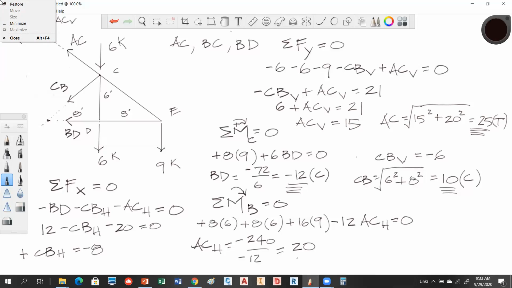Sections, you're going to have to do some homework for me between now and Thursday. But I think you'll find it's simpler than the joint problems. The only thing you've got to watch is you've got to be smart with your moments, okay? And this one was a little tricky because you had to use that transmissibility, but that's not typical. Most of them you don't have to do that.